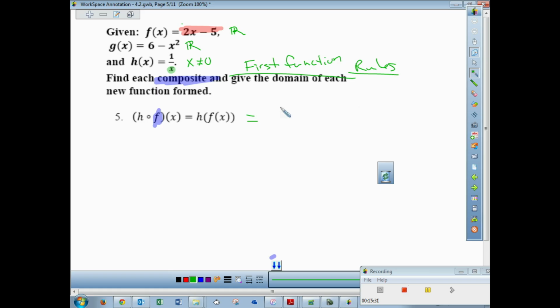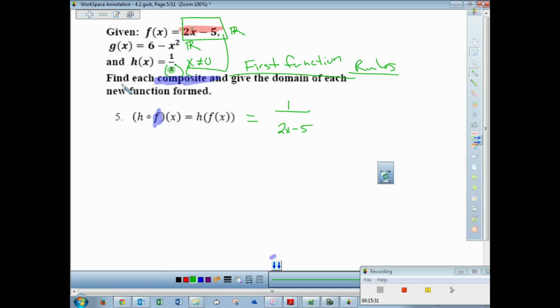So what would it look like? 1 over, doesn't this go directly in for x right there? I would have 2x minus 5. Isn't this red block f? I put it in for x into the H function. So, just straight substitution. Awesome.